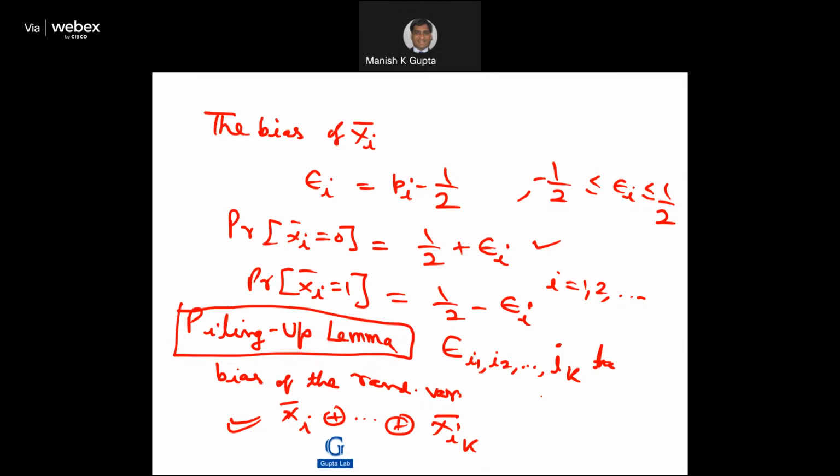This value lies between minus half and half. Then we consider expressions like Xi1 plus Xi2 plus ... plus Xik, and we look at the bias of this random variable.